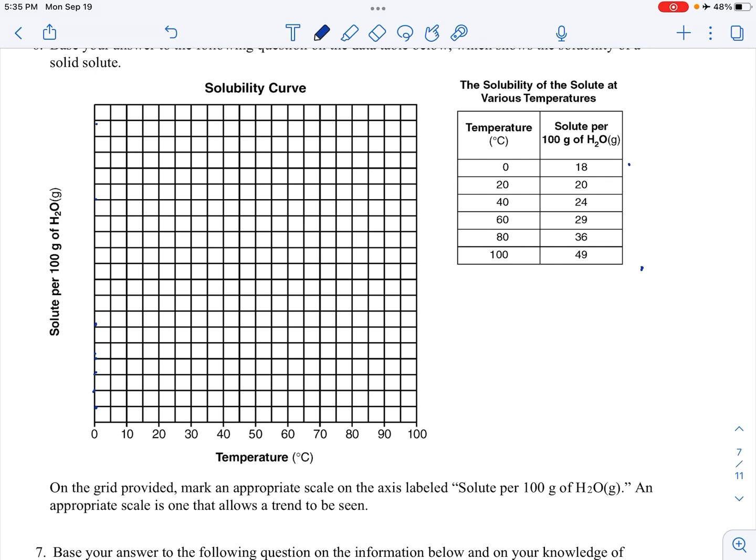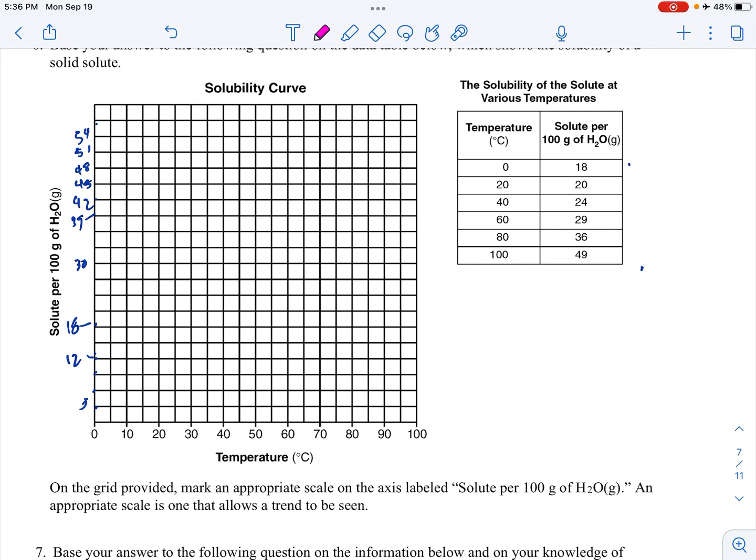So I guess we could do threes. 3, 6, 9, 12, 15, 18, 21, 24, 27, 30, 33, 36, 39. I'm just putting up a random scale so we have it. 42, 45, 48, 51, 54.